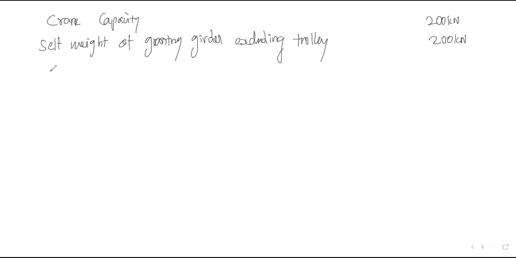Next is self weight of trolley, electric motor, hook, etc. That will come as around 40 kilonewton.